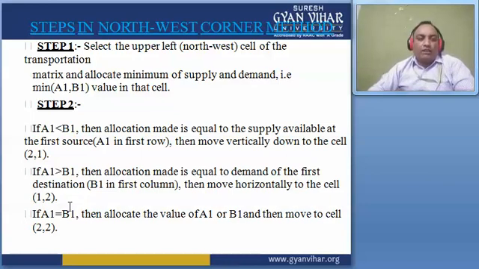If A1 equals B1, then allocate the value of A1 or B1, and then move to cell 2,2. Then again follow step number 3.